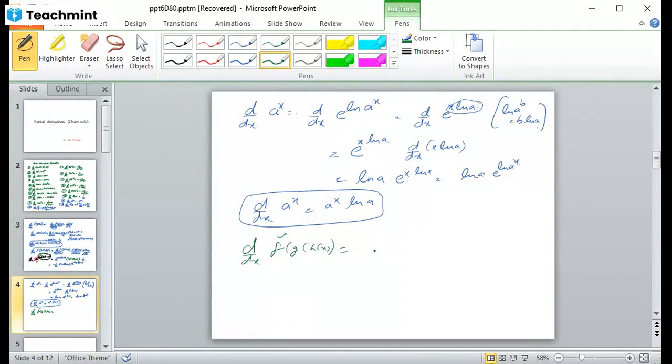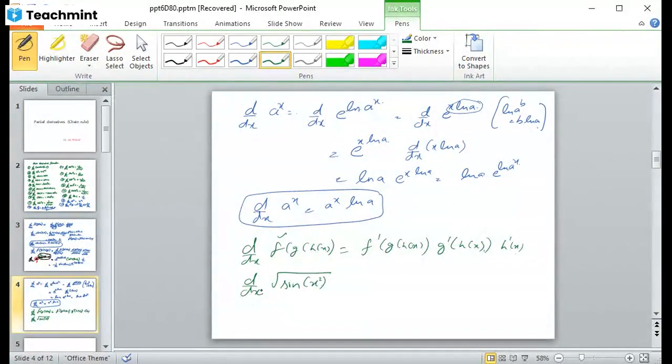Firstly I differentiate f, giving f dash of g of h of x. Then we differentiate g, that is g dash of h of x, and then we differentiate h, it is h dash x.